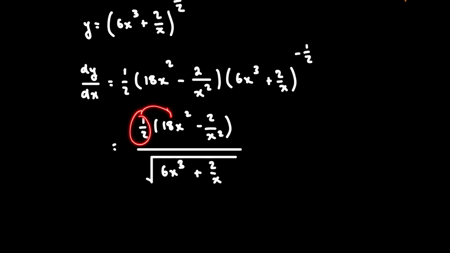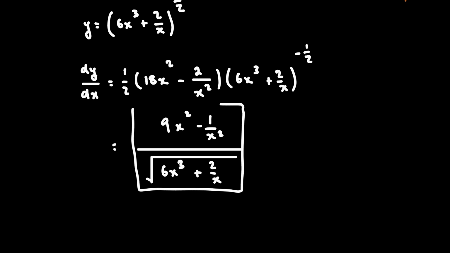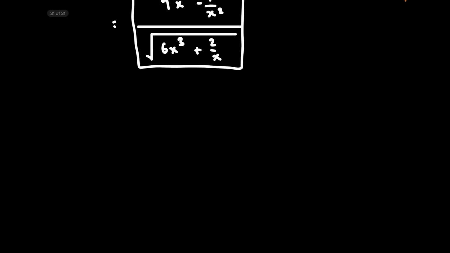And if we wanted to, we can times this half into both of these terms here. So I'm simply going to say it would be 9 for this term here, because half of 18 is 9, and then half of 2 is simply 1. That is the derivative of this function here.